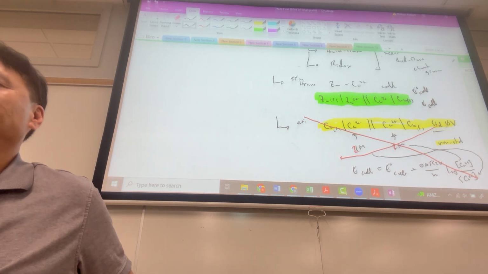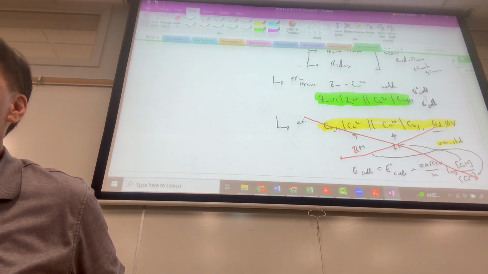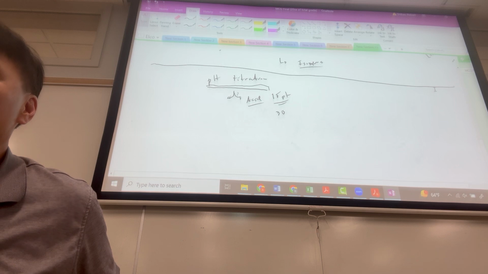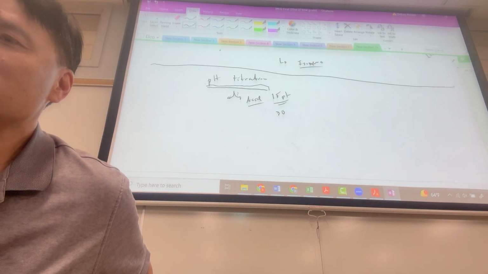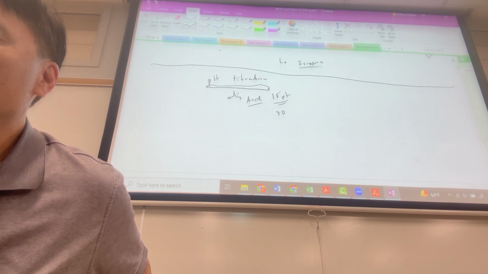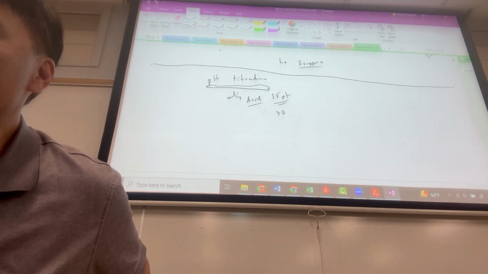But anyway, I just want this to be the basics of this chapter. All right, so for this pH titration, going back to this one, if you wanted to do a formal report, then you have a choice.